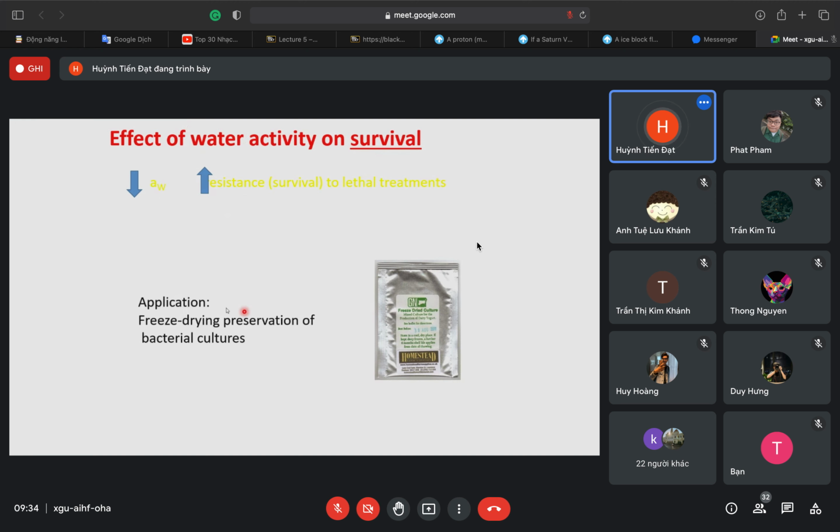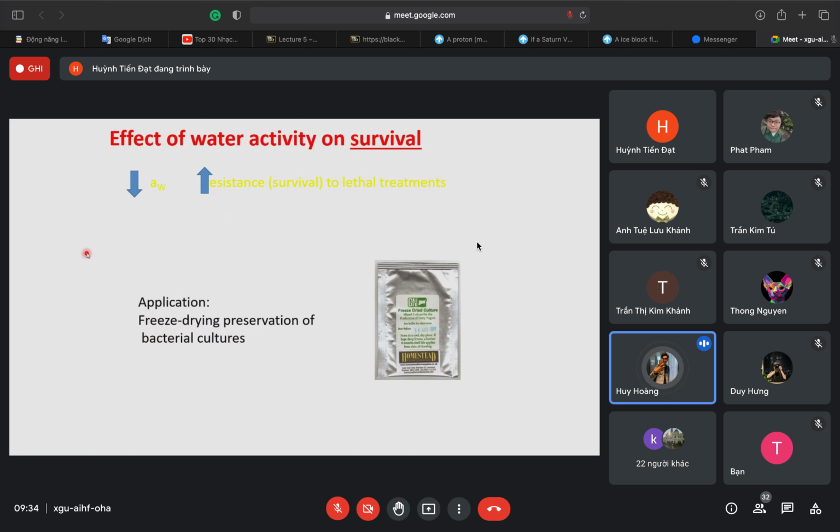For example, here it says the freeze-drying preservation of bacterial culture. So the bacterial culture is freeze-dried. Freeze-drying, have you ever heard about this one? Yes, teacher.